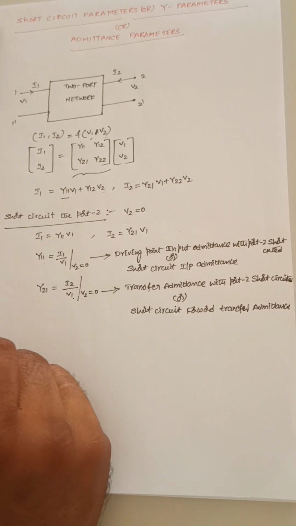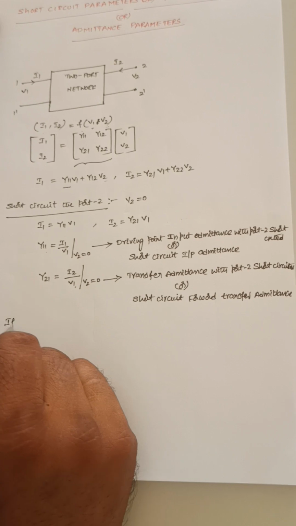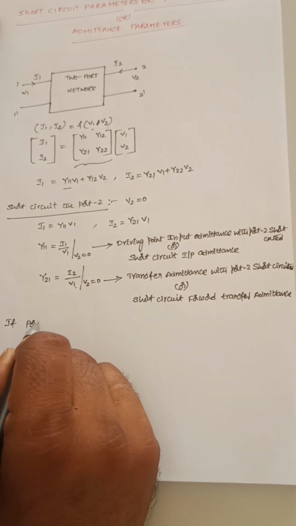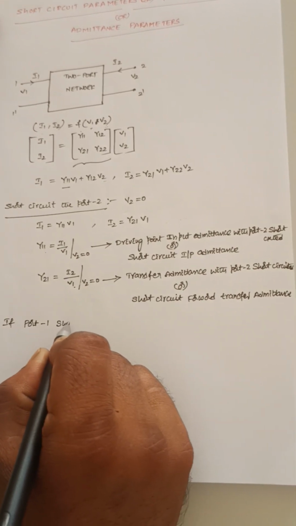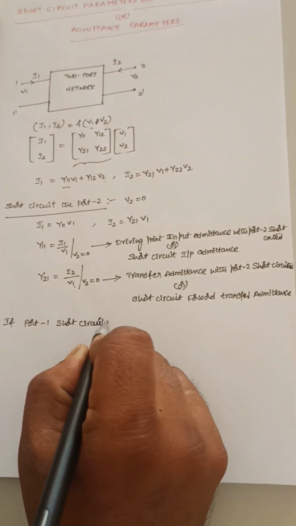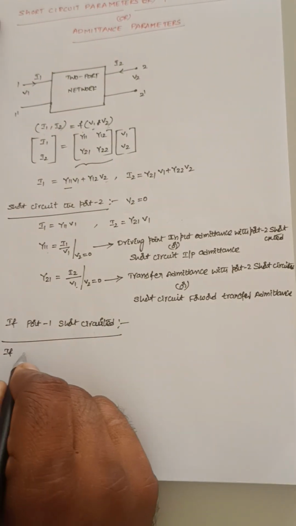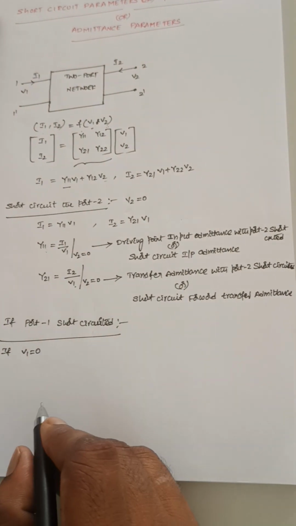Second, if port 1 is short circuited, that means V1 is equal to 0.